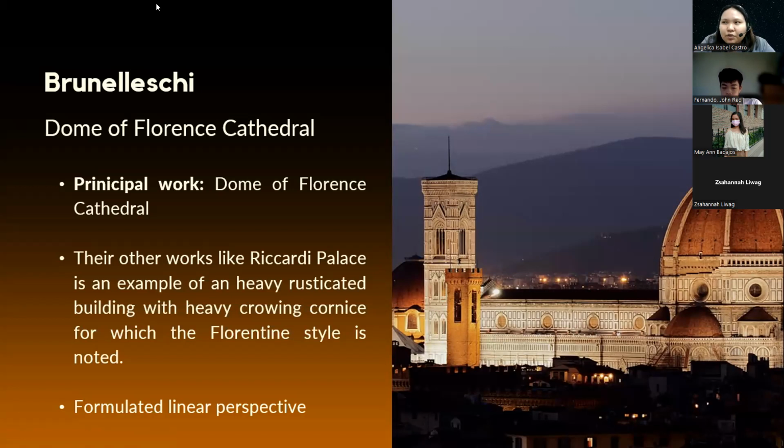If titignan nyo siya in Google now, you'll see this as a Gothic architecture. Kasi it was partly, but the addition of the dome by one of the architects that we will be discussing for this era, Filippo Brunelleschi. Siya yung gumawa ng dome.